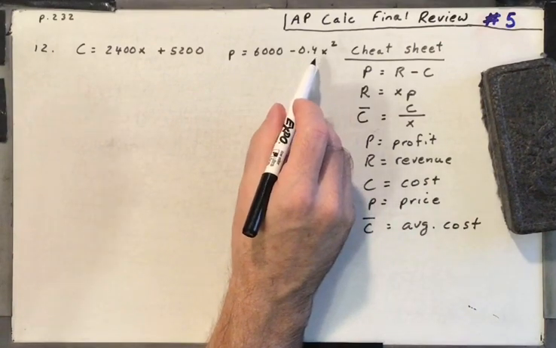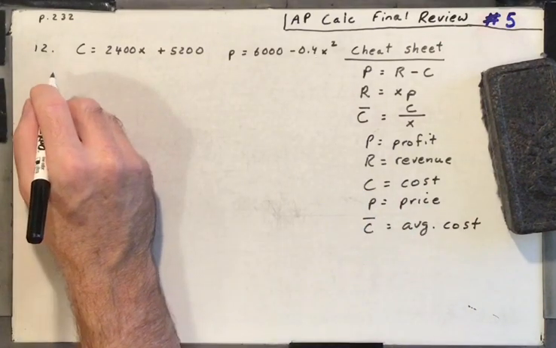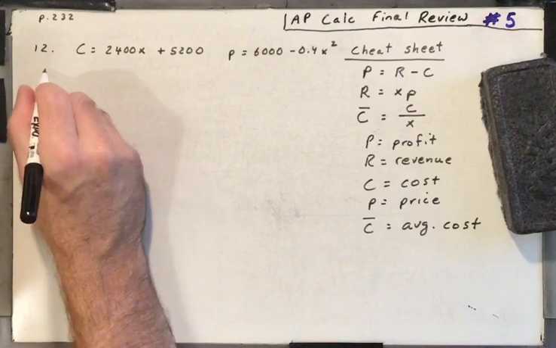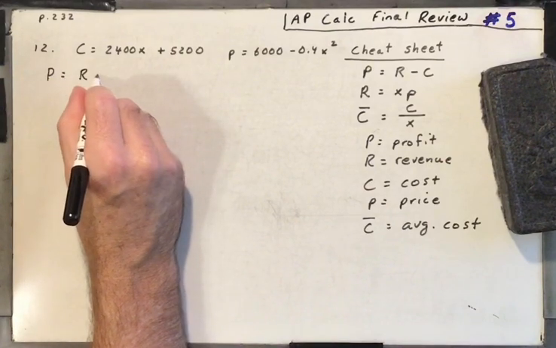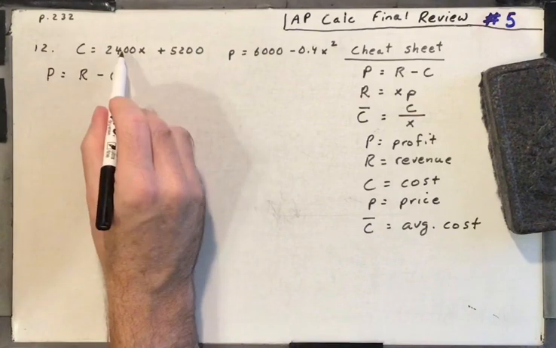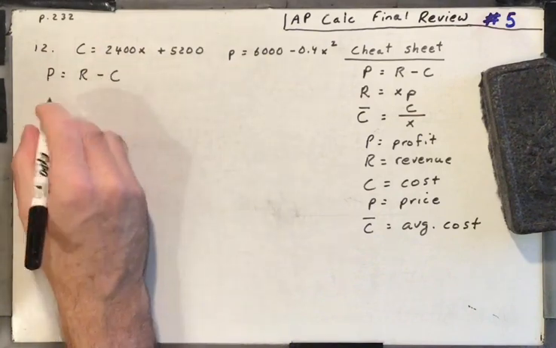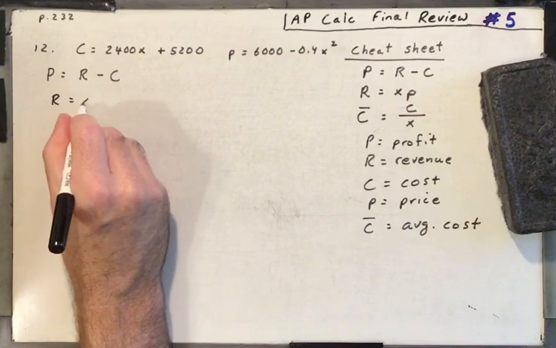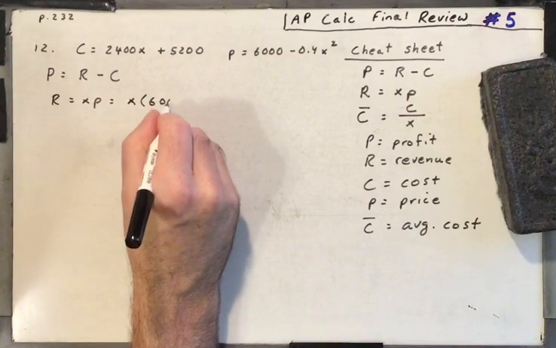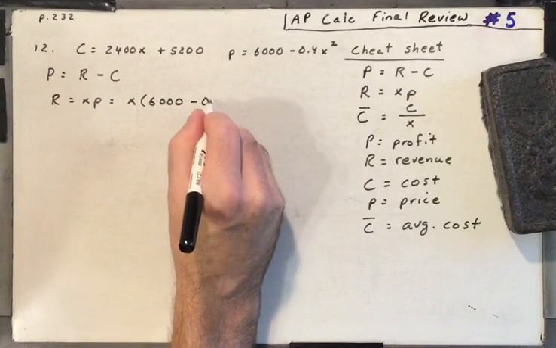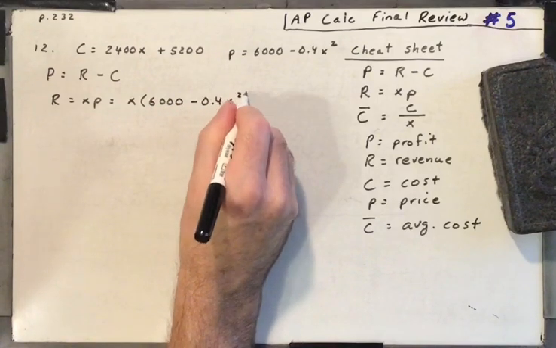We know that we are trying to maximize profit, so we need a profit equation. Profit is equal to revenue minus cost. We have the cost equation. Let's get the revenue equation. That's x times P, so x times 6,000 minus 0.4x squared.